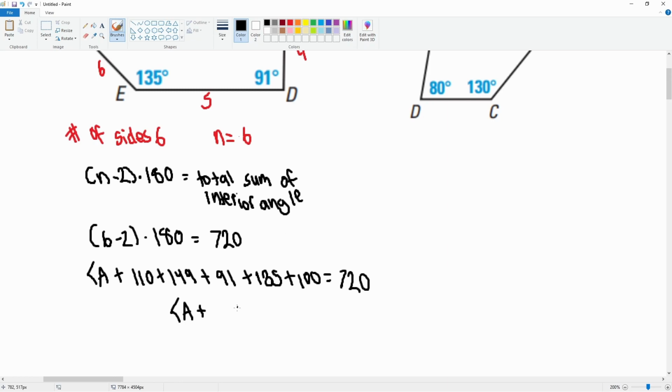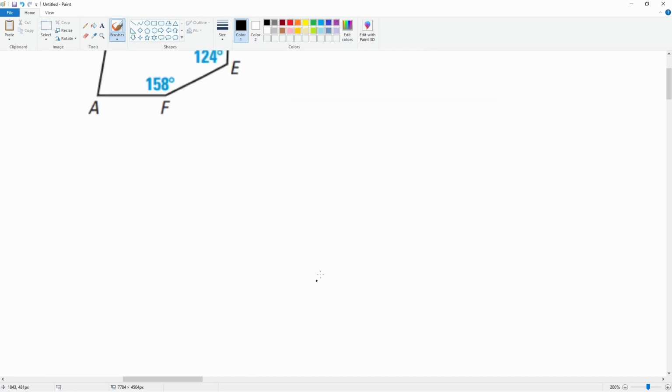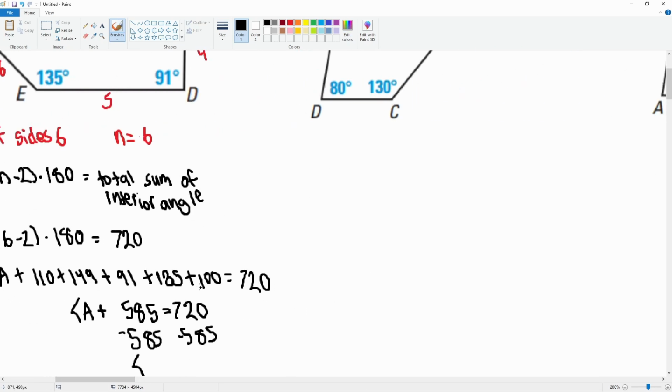Angle A plus 585 is equal to 720. Subtract 585 from both sides. You get angle A is going to be equal to 720 minus 585, which is 135 degrees.